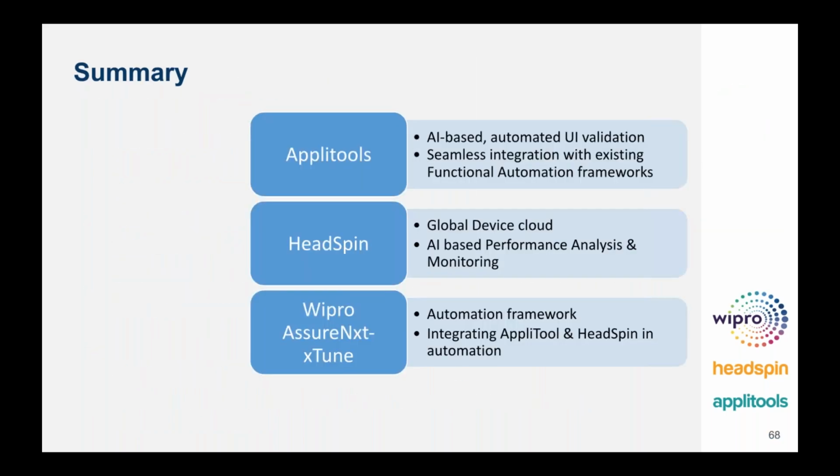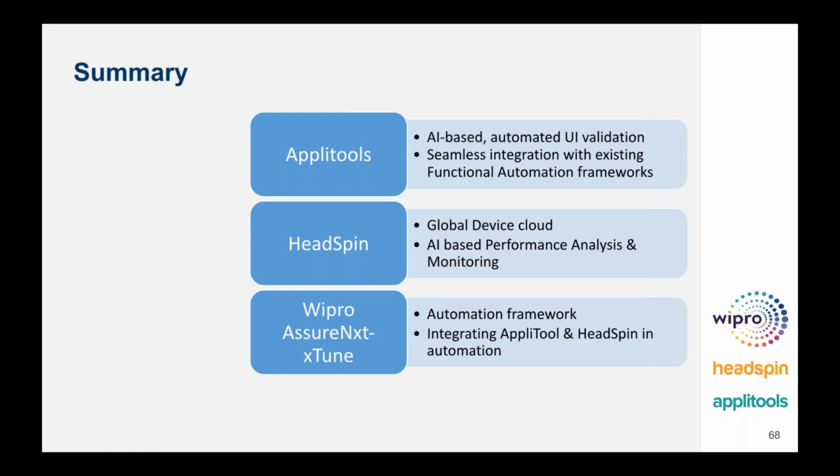And here is the summary wherein you can use Applitools for AI-based automated UI visual testing, with seamless integration with existing automation frameworks, and HeadSpin wherein there's a global device cloud, which gives you access to real devices and real networks around the world.